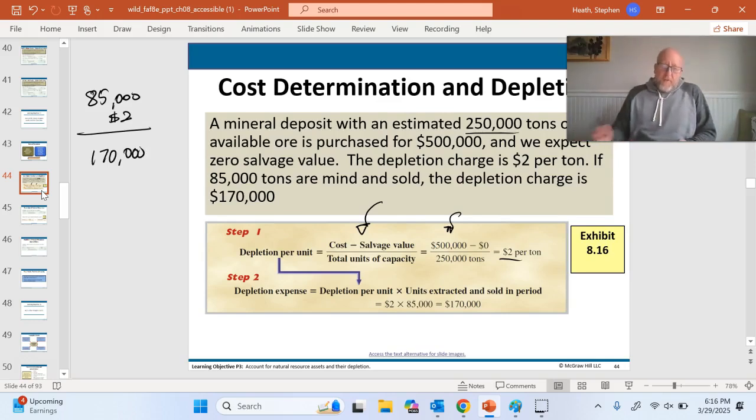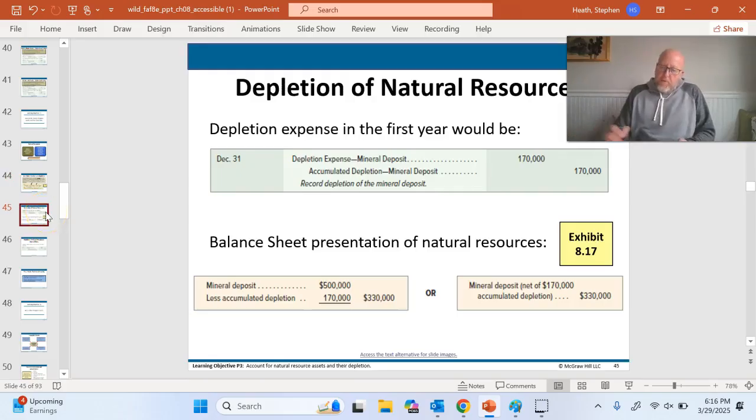And then the journal entry is just going to be, remember, depletion expense, not depreciation, and then accumulated depletion, mineral deposit. And we're just being specific about what the exact natural resource is.